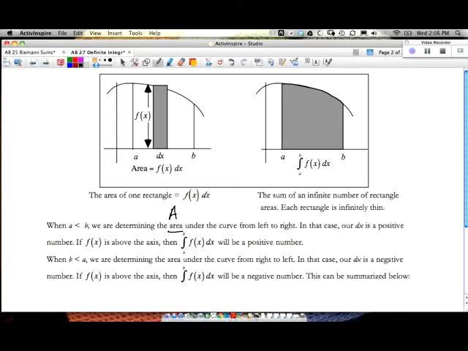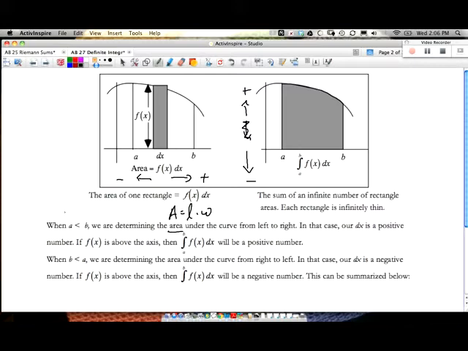Okay, so a couple of things going on here. Let's talk about area in general. Area of a box, we could say, is a length times a width. Now we know that moving to the right is positive in the x direction, and moving to the left is negative. When we're moving up, that's positive, and when we're moving down below the x-axis, that's going to be negative.